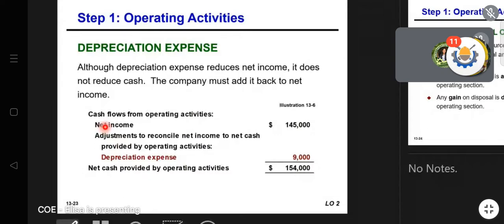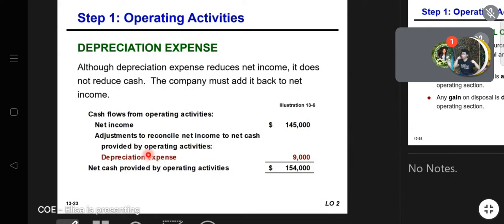Then, we start from net income. Asa man igikan? Nato ni siya sa atong income statement, no? 145,000. And then, next is adjustments. Ano rin na nga term? Gamiton rin na to adjustments to reconcile net income to net cash provided by operating activity.